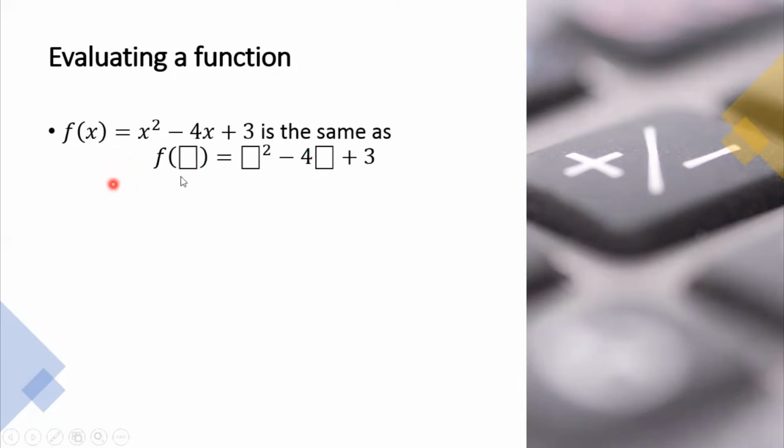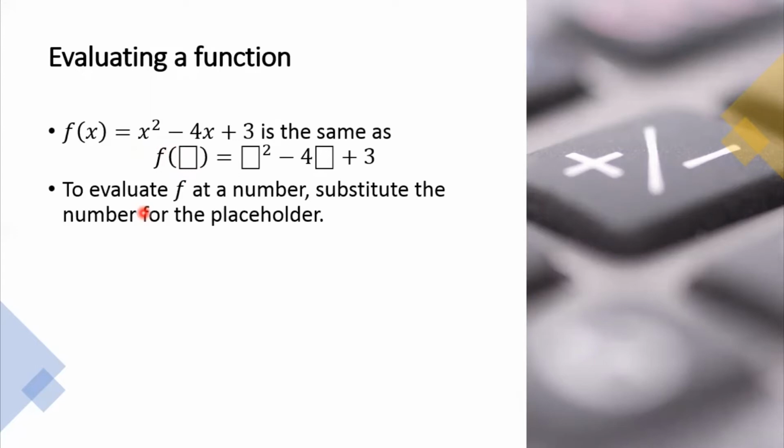Now, if we look at this, it means that x here, or these squares here, are placeholders, meaning we can have any value. x could be any real number, because x and these squares are placeholders, so we can put any real value on the variable x.